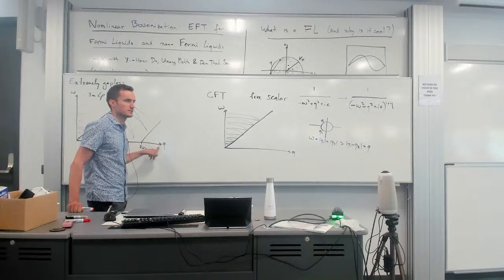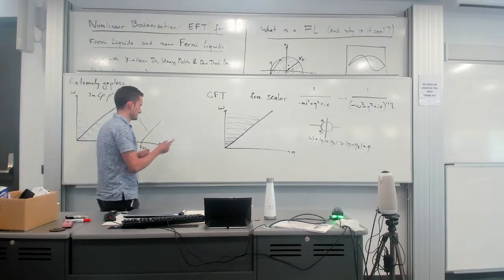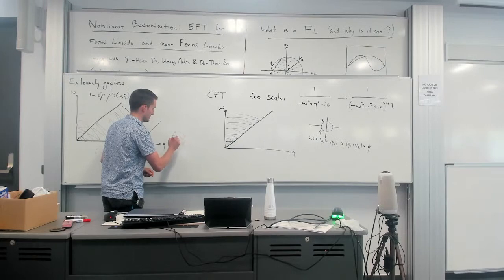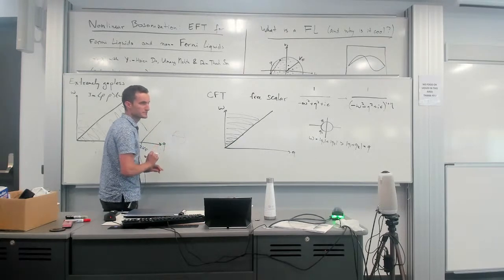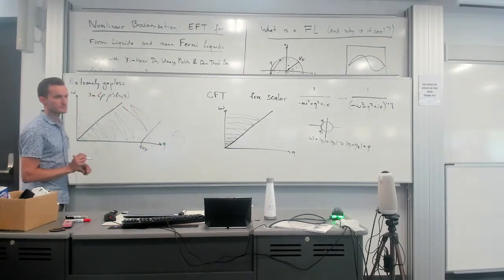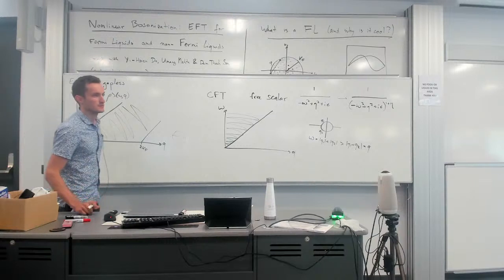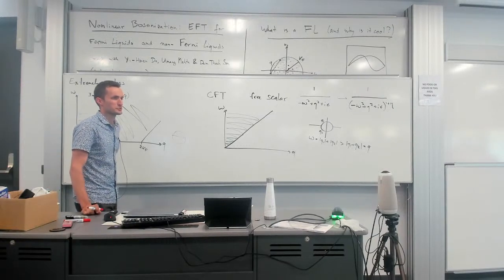You're saying some process where you transfer momentum. I see. Maybe you're right. Also, I know that in a Luttinger liquid in 1D you actually get 2kF, 4kF, 6kF. I'm not completely sure. Let me think about it.